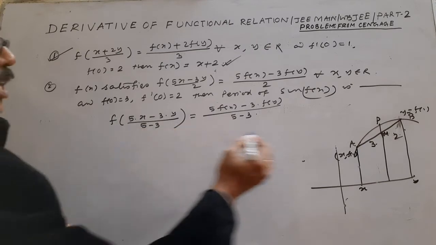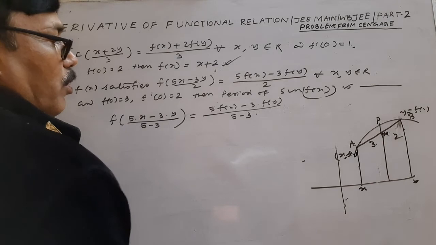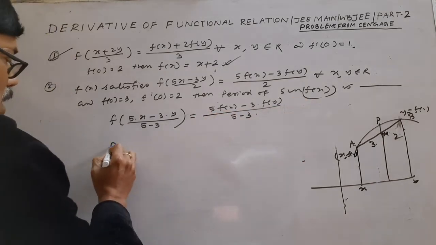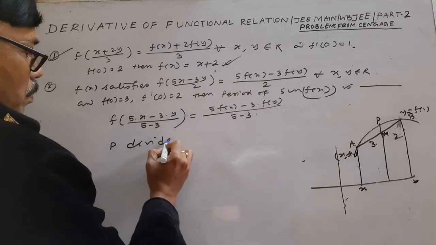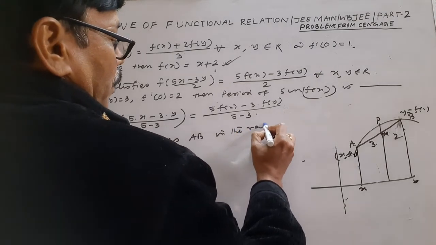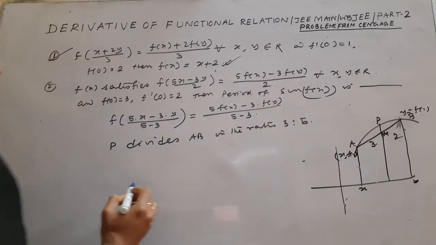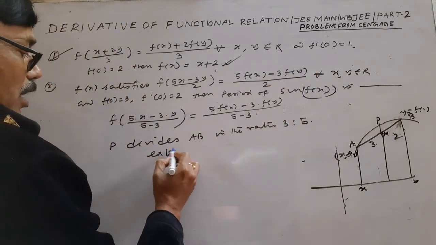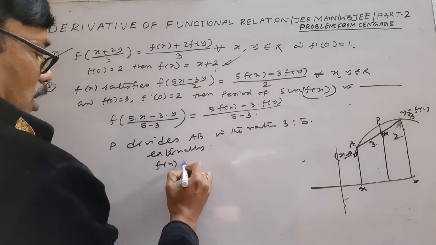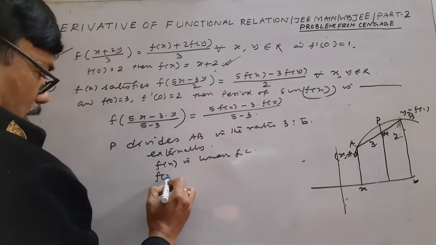P divides AB externally in the ratio 3:5. So f(x) is a linear function.